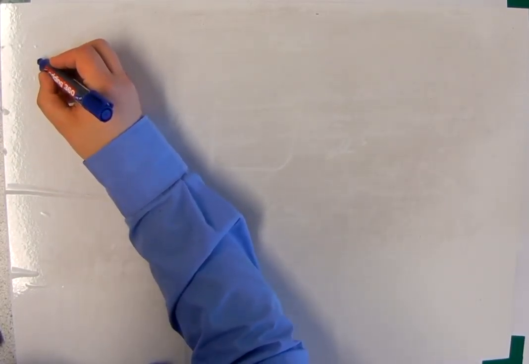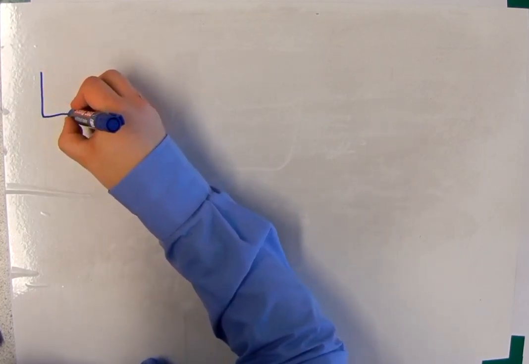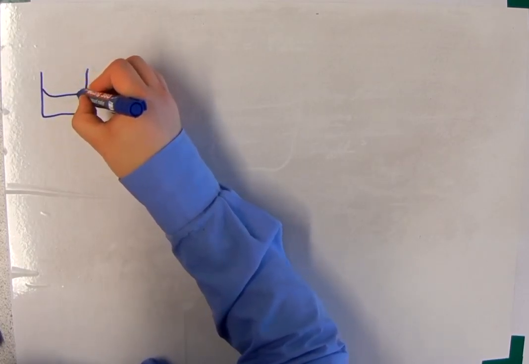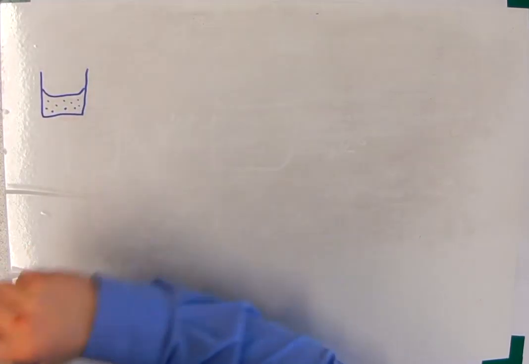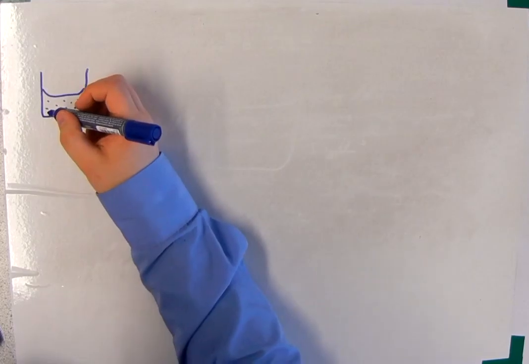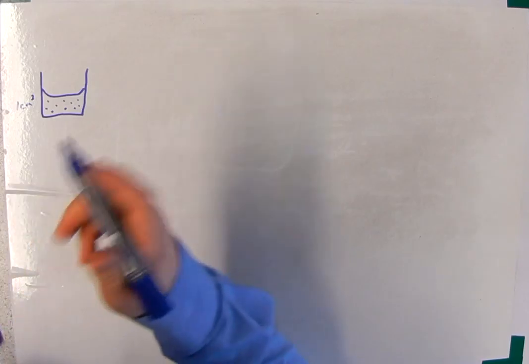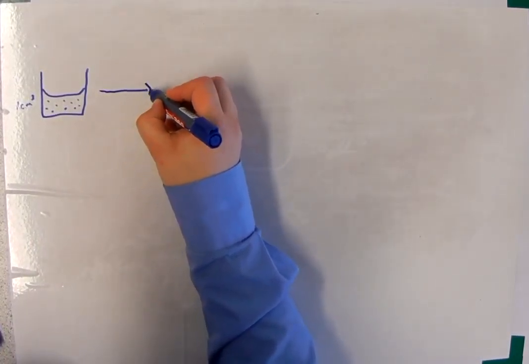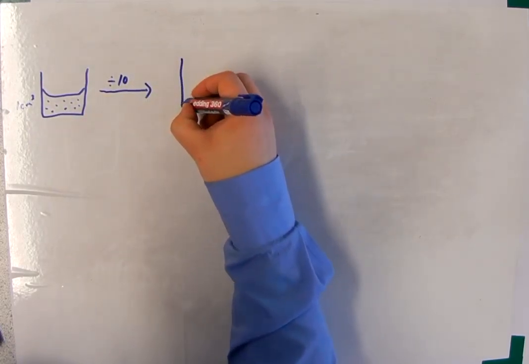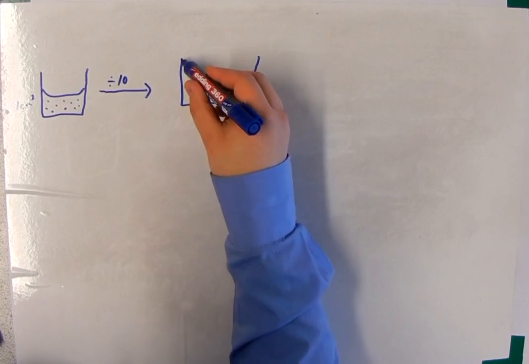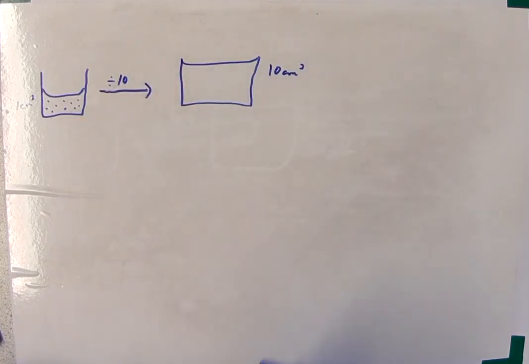If I want to make a solution that's 10 times more dilute and I've got 1 centimetre cubed, I want to divide the concentration by 10. I need to end up with 10 centimetres cubed, don't I?